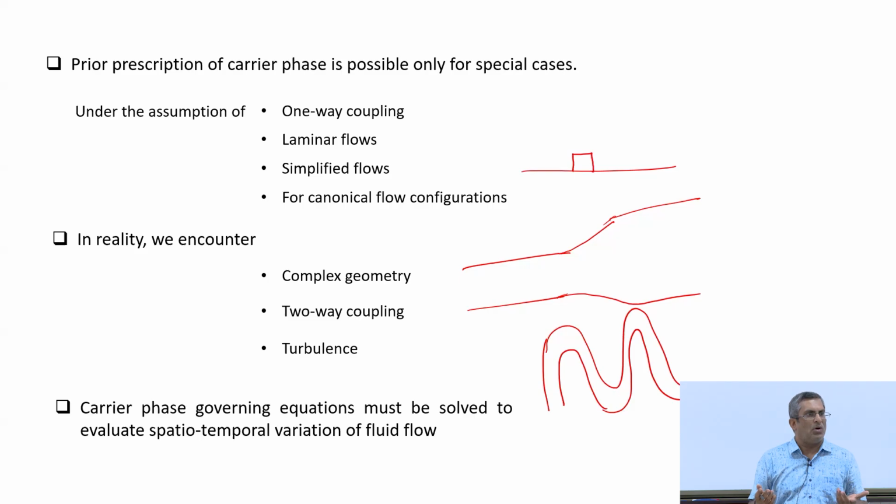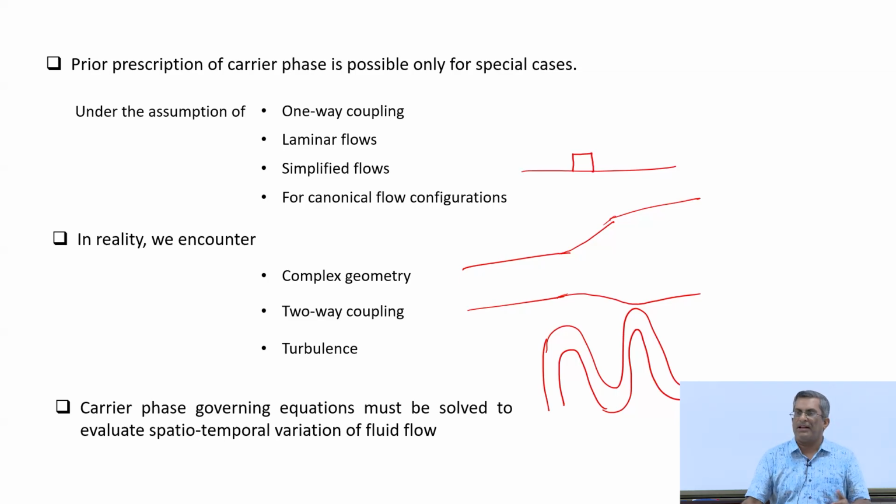These are also not super complex, so a simple deviation from the canonical configuration puts us in trouble. Trouble in the sense we cannot solve theoretically. We have to now computationally solve the governing equations.